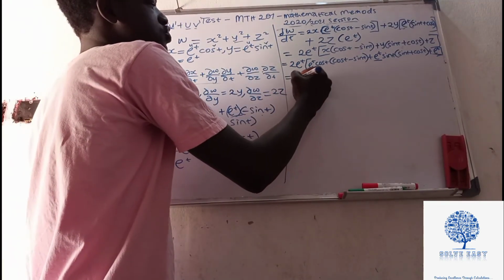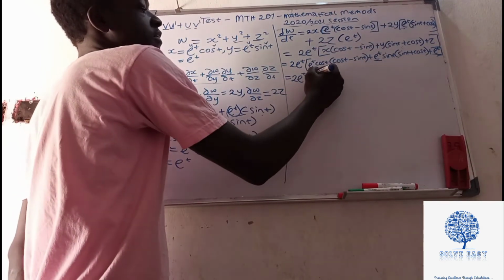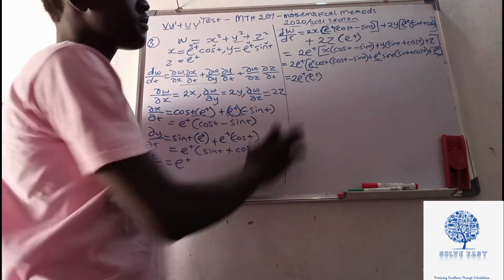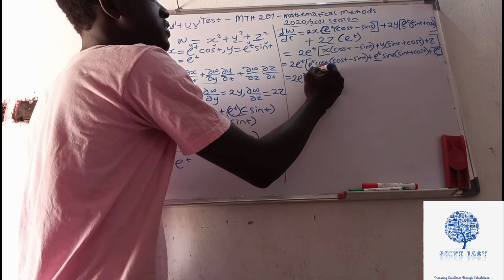This gives us 2e^t times e^t, and multiplying these two together gives us e^(2t).